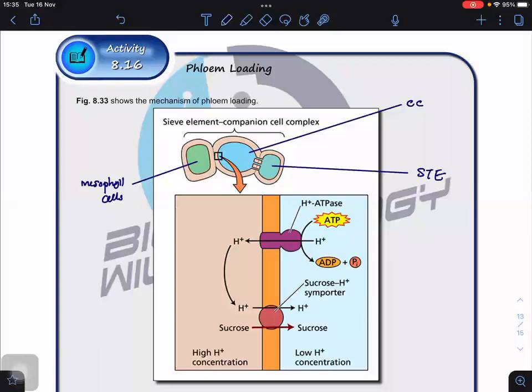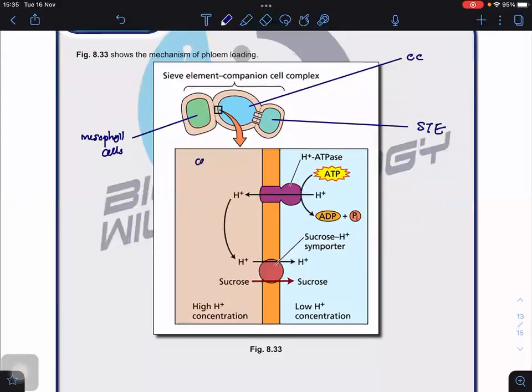What we observe here is the cell wall of the companion cell and the cytoplasm of the companion cell. So this one is the cell wall of the companion cell. This part is the cytoplasm of the companion cell. Clear?